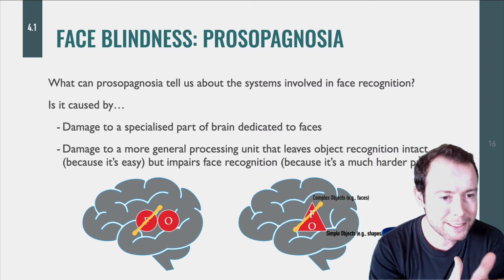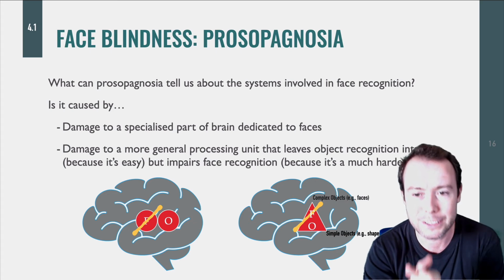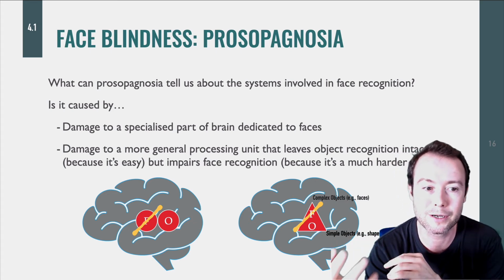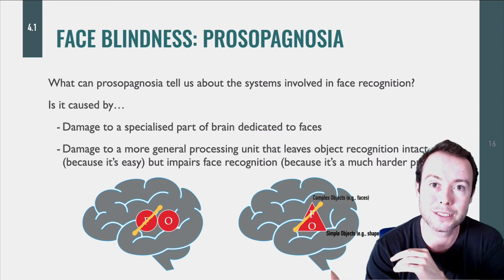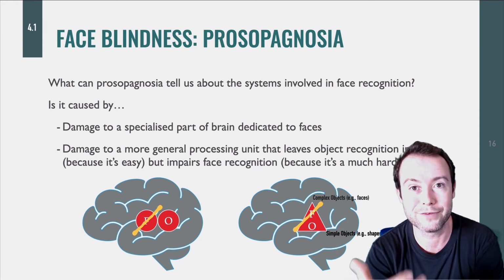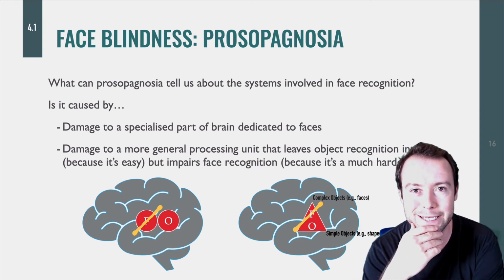So when scientists want to show that a specific region is responsible for face recognition, the strongest evidence they could find would come from locating patients that have the opposite syndrome, where they would have impaired object recognition and intact face recognition.